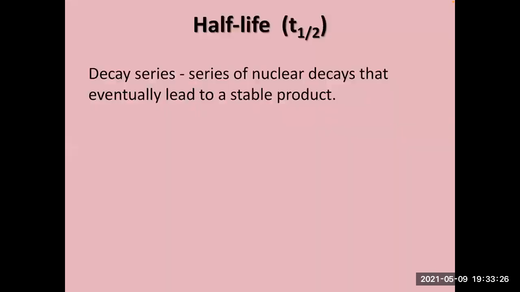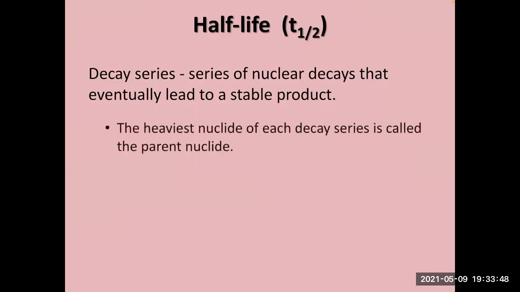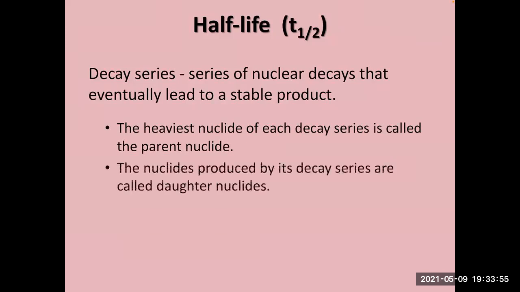All right. So with half-life, we have something that's called a decay series. This is a series of nuclear decays that eventually lead to a stable product. So when a nucleus decays, it doesn't always decay just one time. It decays several times and goes through several different changes until it becomes stable. The heaviest nuclide of each decay series is called the parent nuclide, and the nuclides produced by the series are called daughter nuclides.